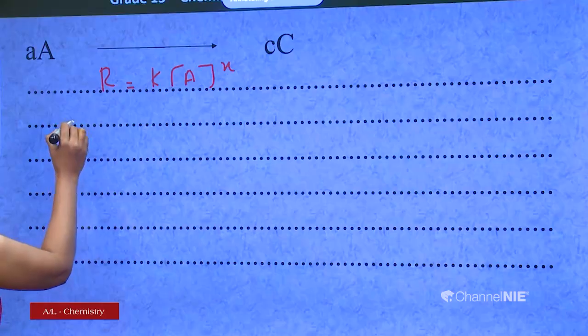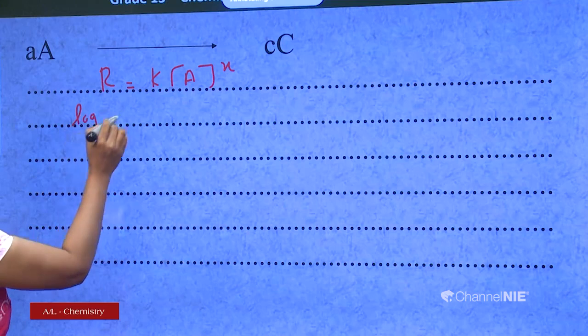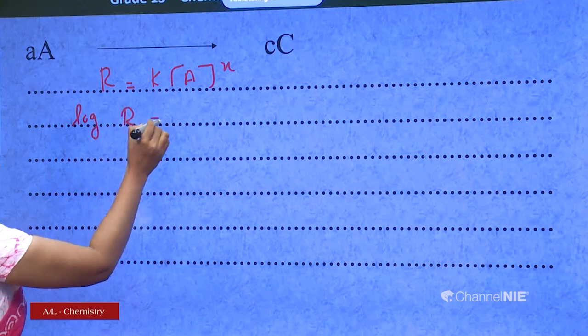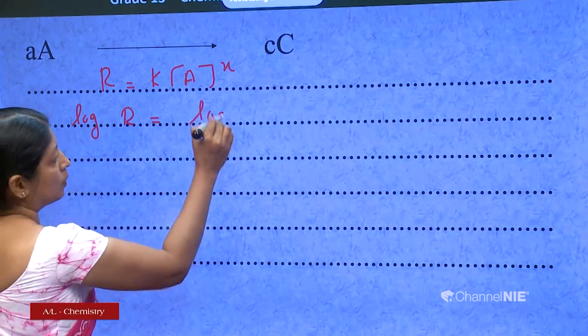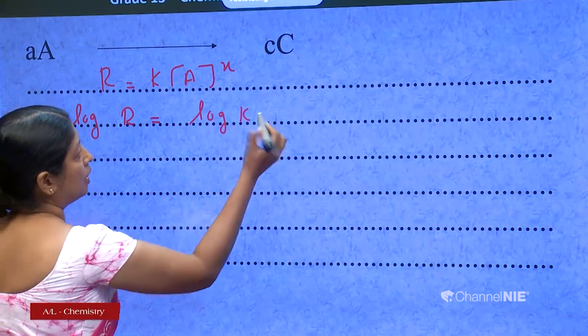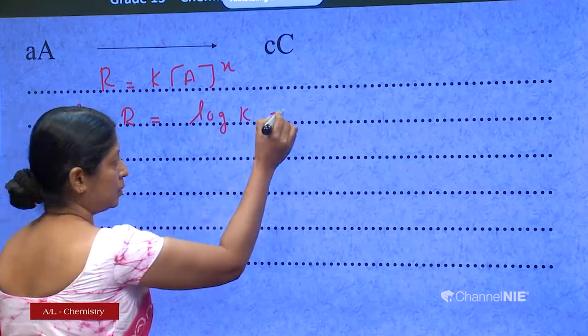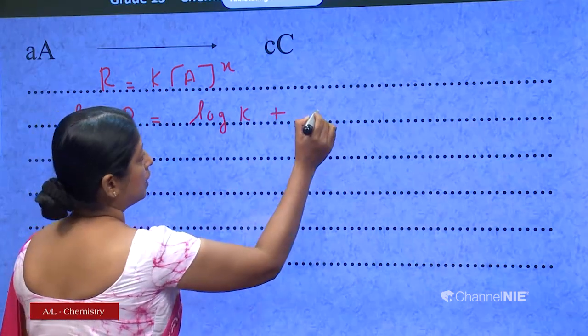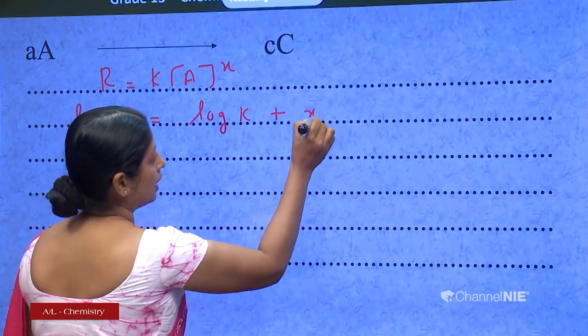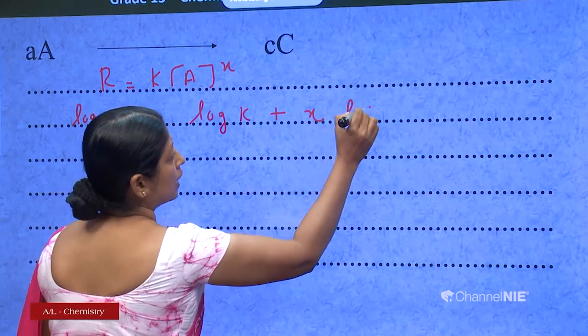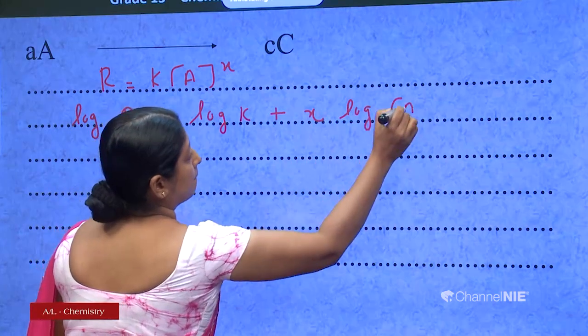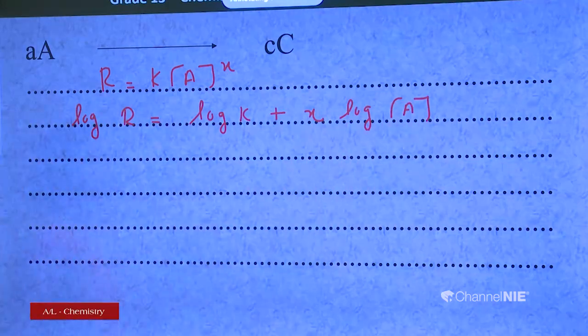So, then we get log R equals log k. Multiplication means addition of logs. So I am going to use addition, then x can be written like this, then log A. So, this is our new equation.